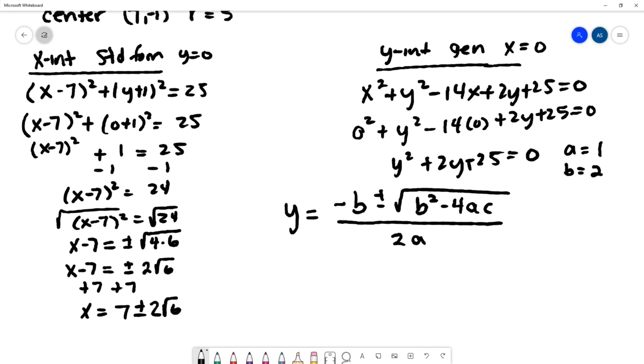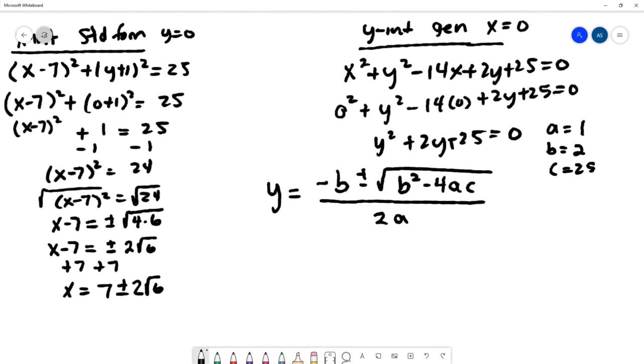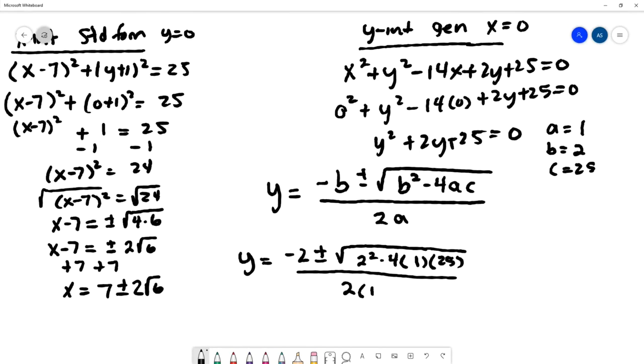B is 2. B is the coefficient of the linear term. And C is 25. 25 is the constant term. I'll substitute this into the quadratic formula. That's negative 2 plus or minus the square root of 2 squared minus 4 times 1 times 25 all over 2 times 1.